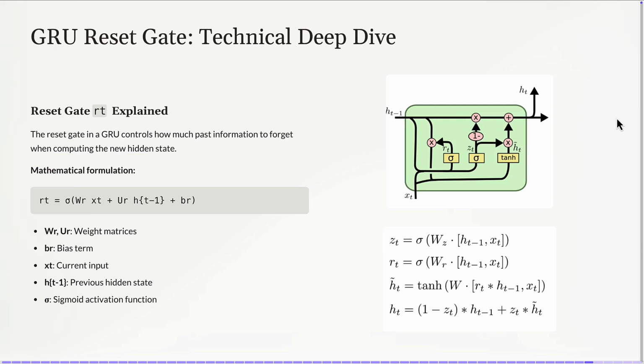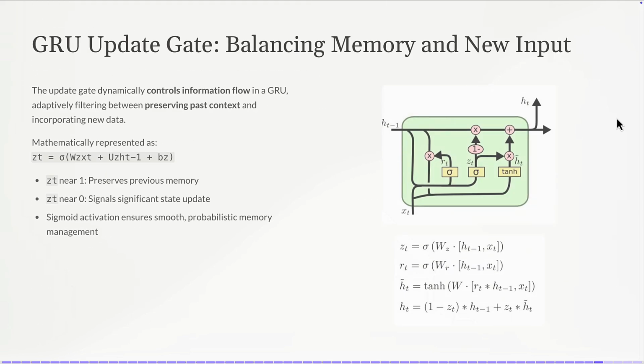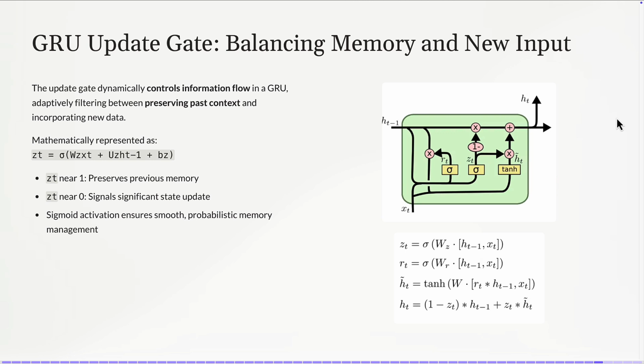This is the reset, and the next one is the update gate, which is ZT. This one is the sigmoid of another input. It's basically the same operation. Both use sigmoid here. It controls the information flow in the GRU, preserving the past context.